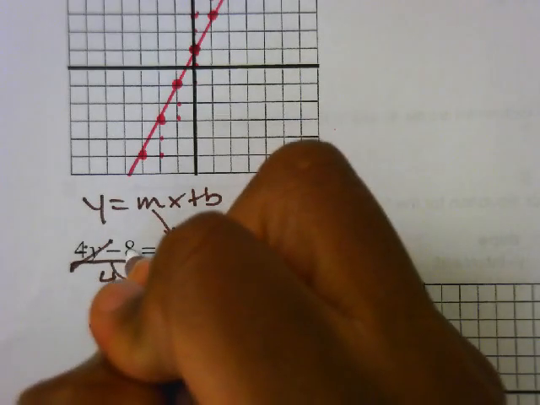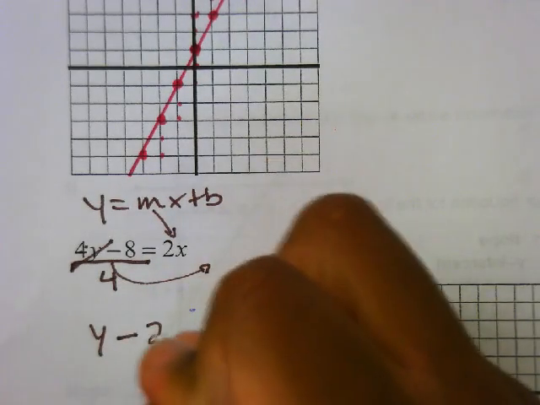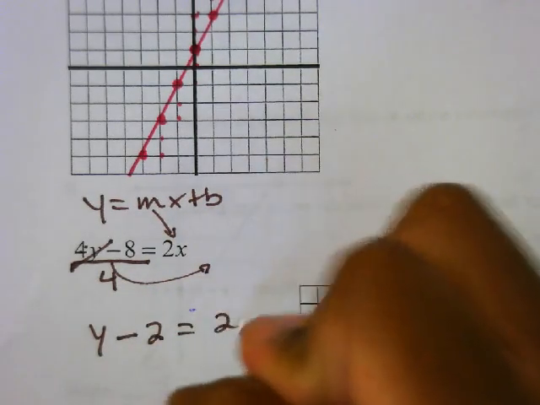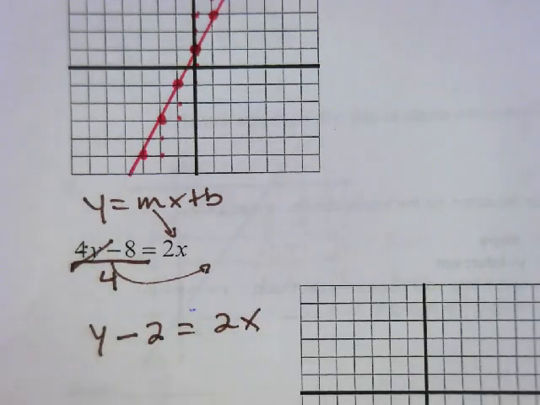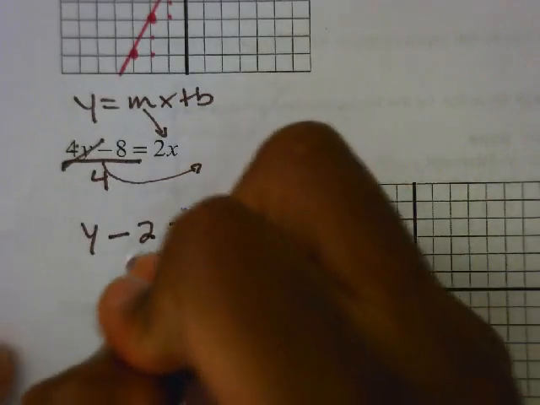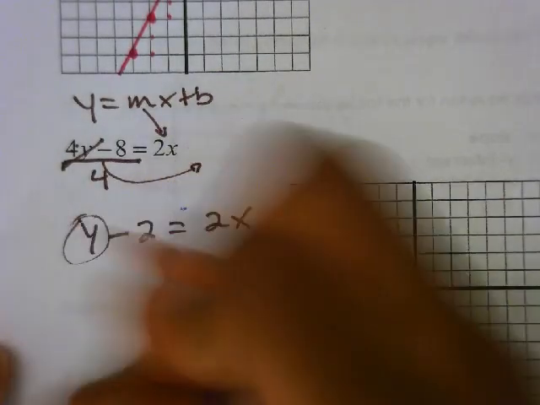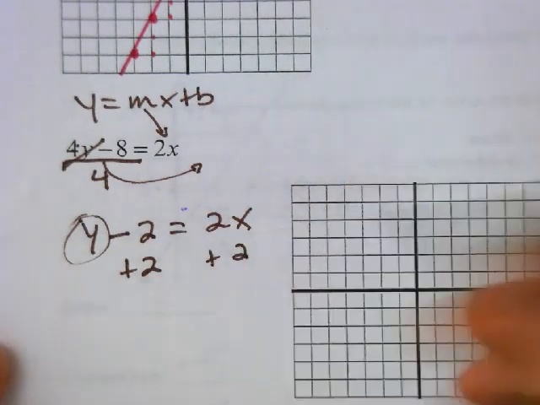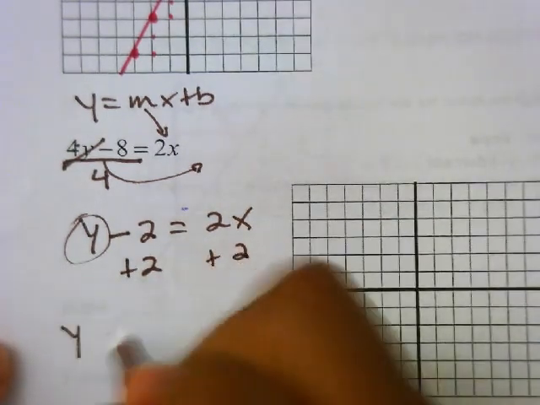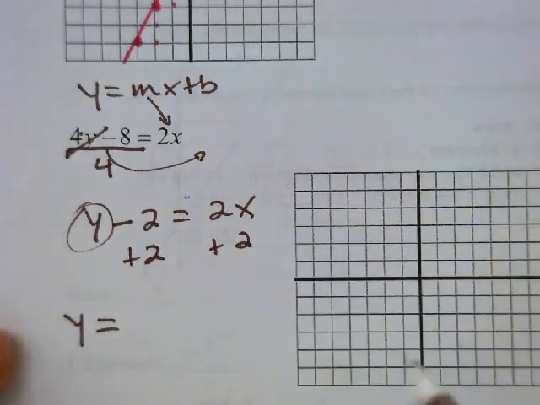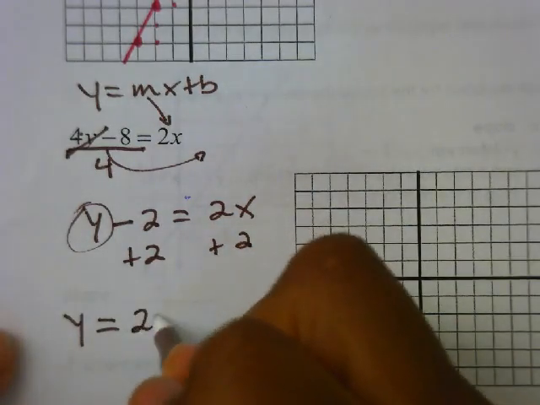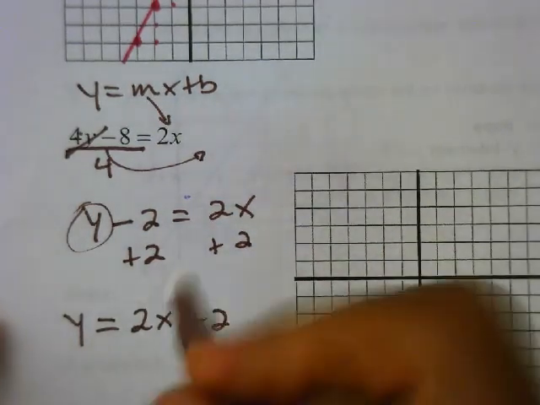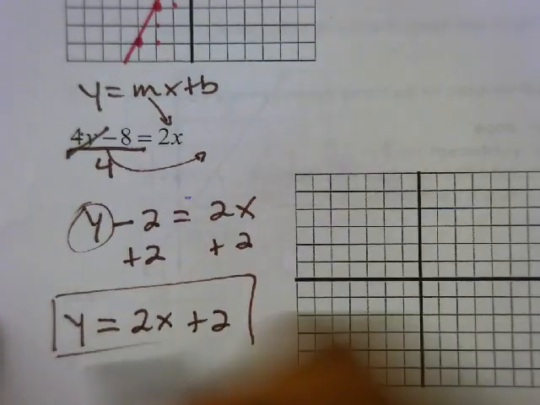And then the 8 is divided by 4, so y minus 2, and that equals 2x. And so now we add 2, because again, I want the y by itself, and it's subtracting 2, so we add 2, and so you end up with y equals 2x plus 2. And I know that's confusing.